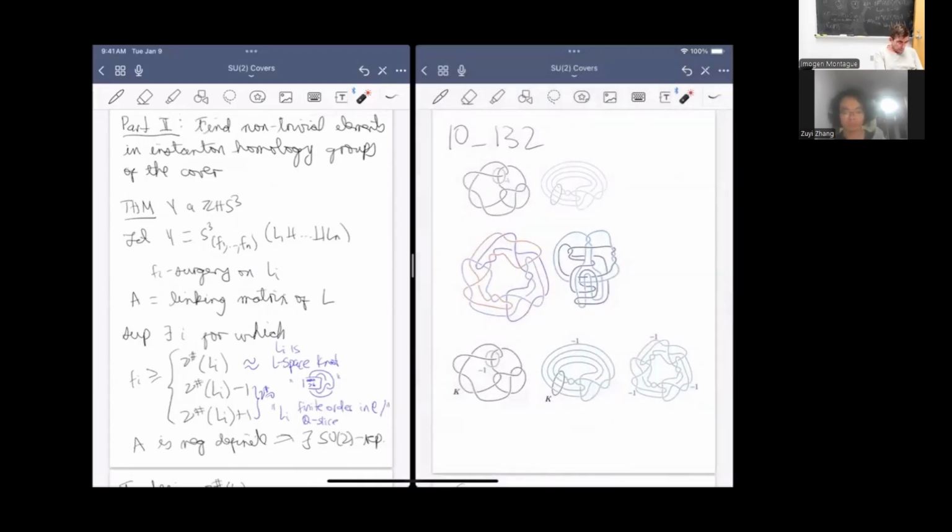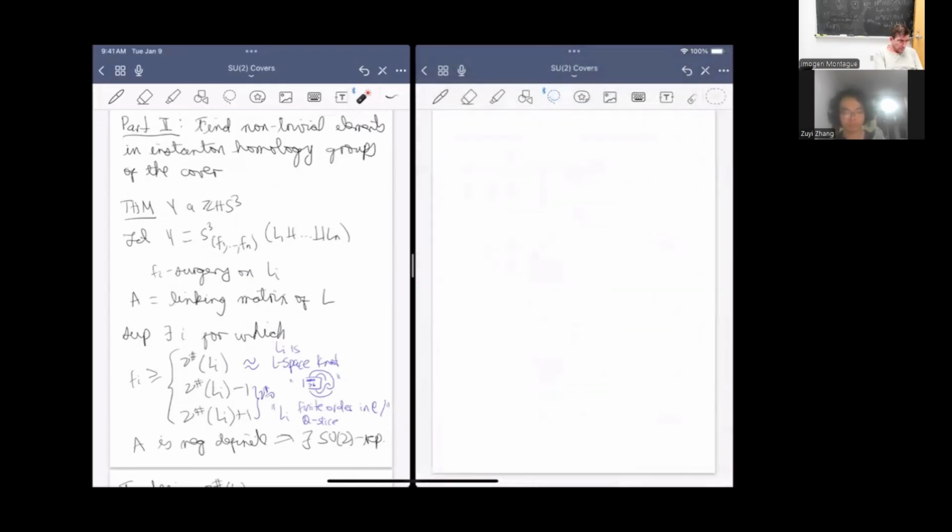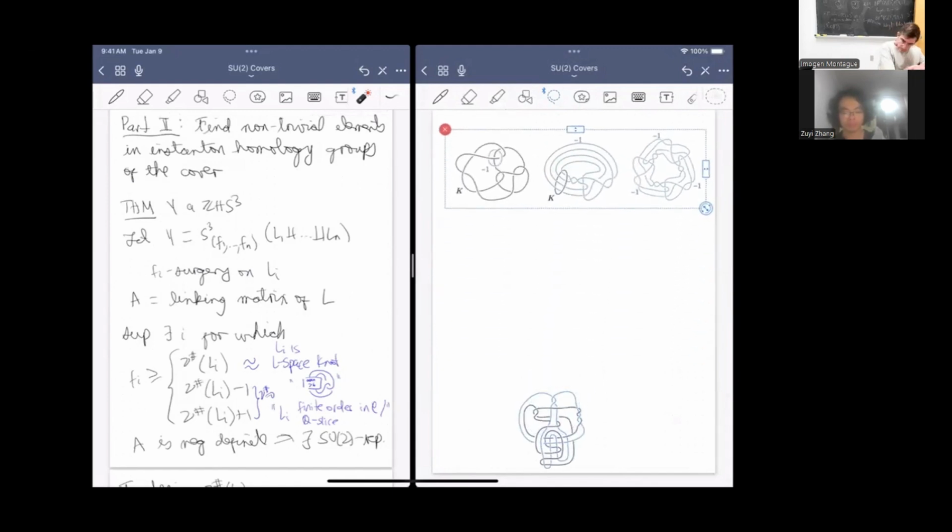So if we look at the knot 10-132, this is my knot 10-132.